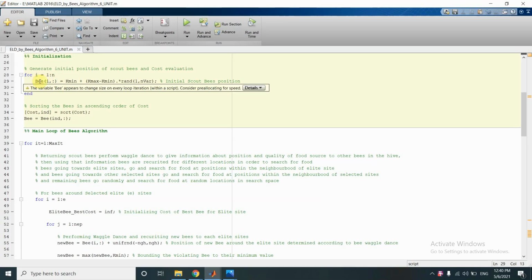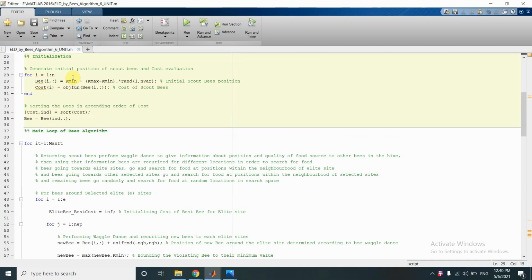So this B matrix will have dimension of n cross 6, where n is the population and 6 is the dimension of our problem. So n is the number of population and 6 is the dimension of our problem.